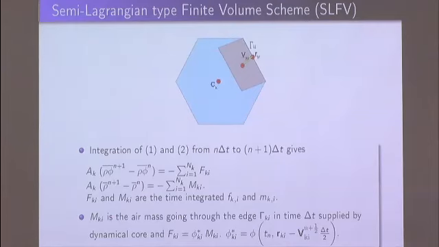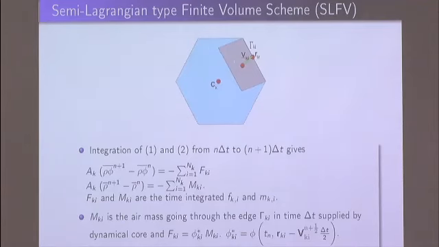Basically, this big Mki is the amount of air going out from this particular edge, and this Fki is the amount of tracer going out from this edge, and we approximate this flux by the mass and the average mixing ratio of this departed region.